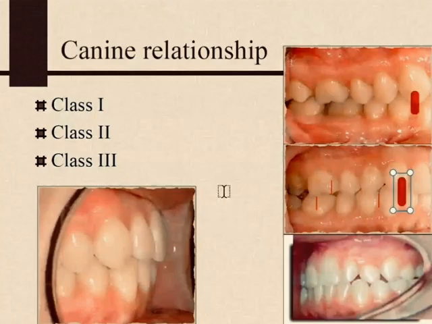This is a class 3 canine relationship, while here is a class 2 relationship. So this is a class 2 canine relationship, and this is a class 3 canine relationship.